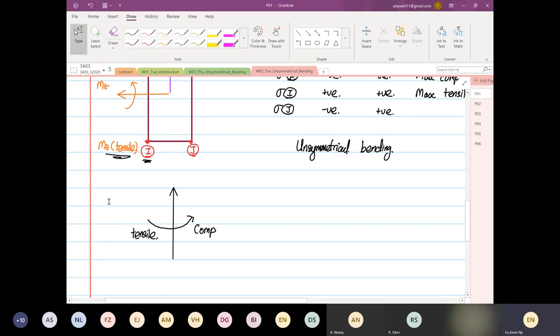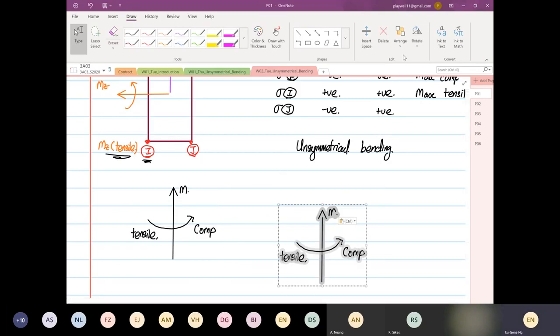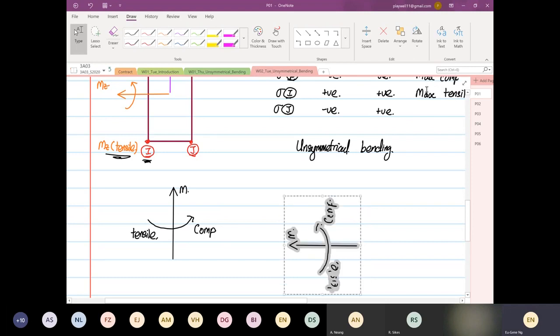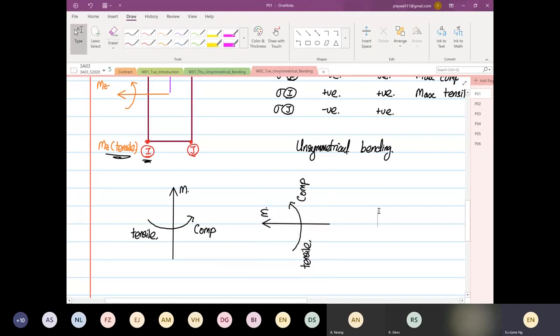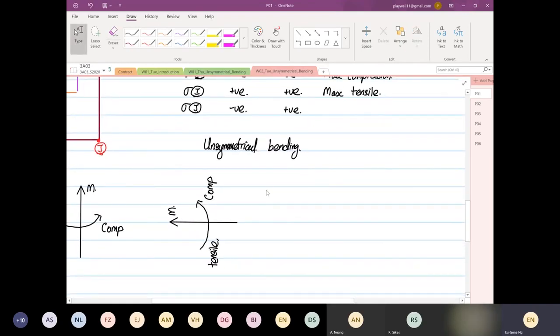So the next thing that you do, if you are worried, or you're not sure which is compression, tensile, you just need to draw this, okay, and you copy and you paste, and then you rotate this by 90 degrees towards the left. Okay, so when the moment arrow is at that direction, compression is on top, tensile is below. And I'll do it again.